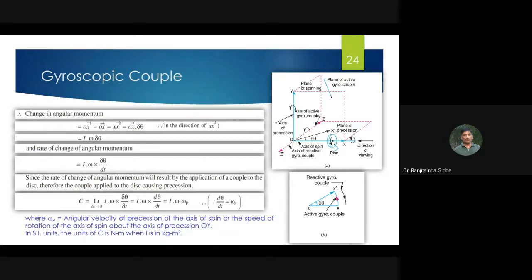This was remaining, so you can write angular velocity of precession of the axis of spin, or the speed of rotation of the axis of spin about the axis of precession OY.